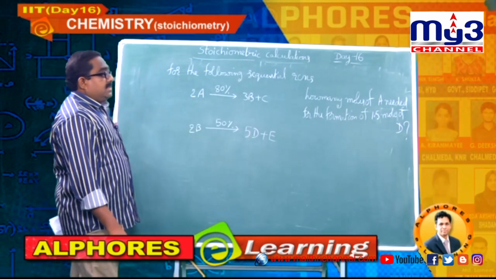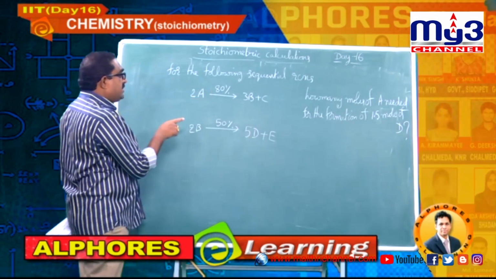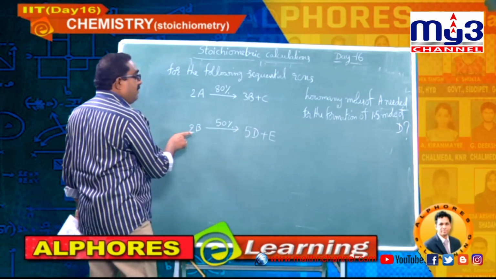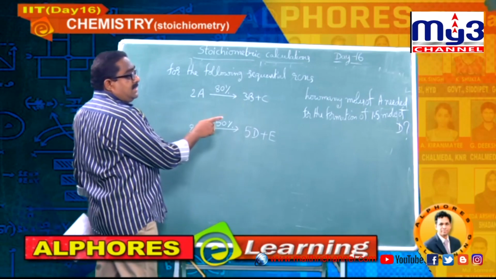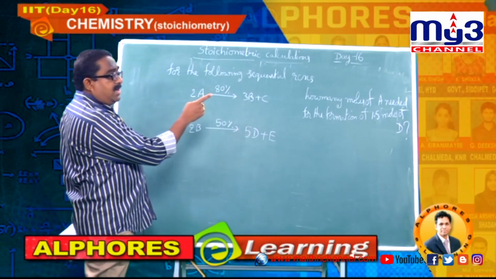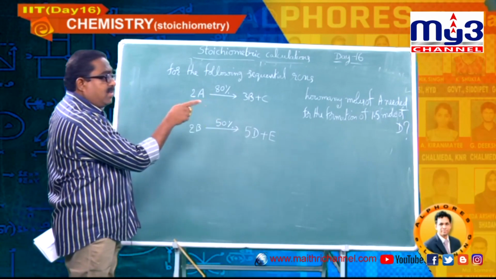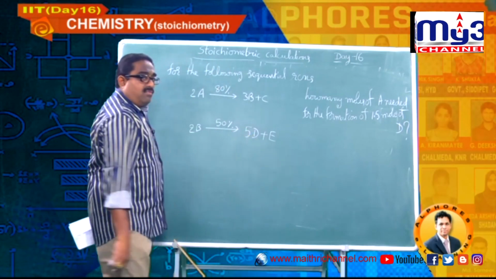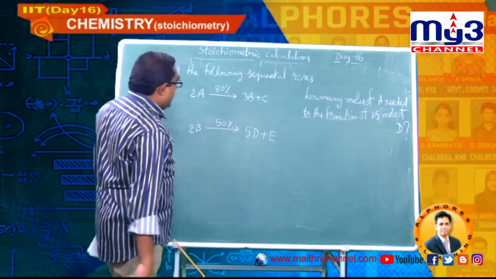Okay, students, I will repeat the question. He has given the set of sequence reactions, because product in this will be reactant for the second one, so sequential. And he is asking you to calculate how many moles of A needed for the formation of 1.5 moles of D. That is the question.